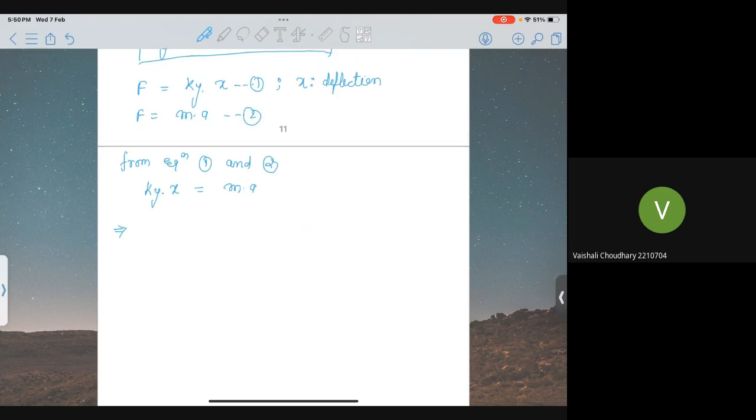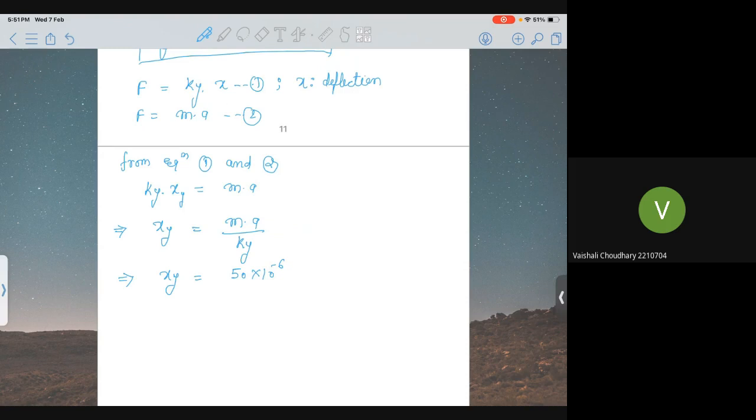They have been asked to determine the deflection in y direction, so we'll denote it with x in suffix y. This is ma divided by ky. Now we'll put the values. Xy is 50 into the mass, which is in micrograms.